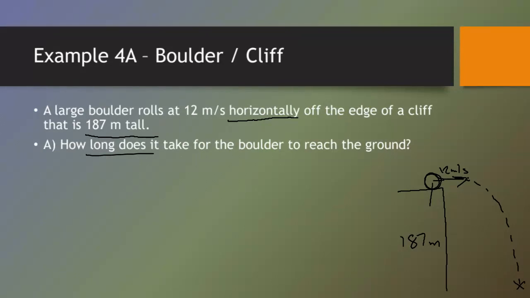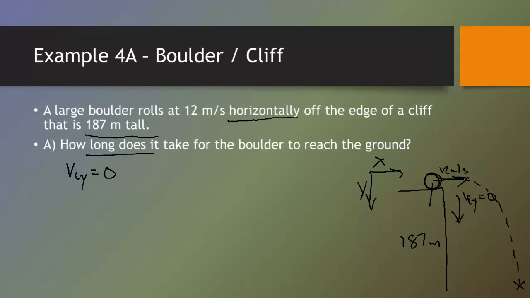To figure out that amount of time, we want to consider, in this case, we'll call it the y direction, just because we have two directions to talk about. And so the initial velocity in the y direction is 0, right? It's not immediately falling down. It starts falling down when it comes off the cliff.